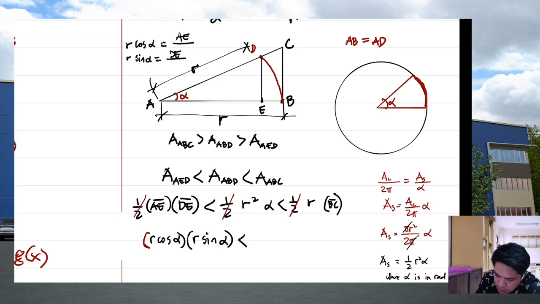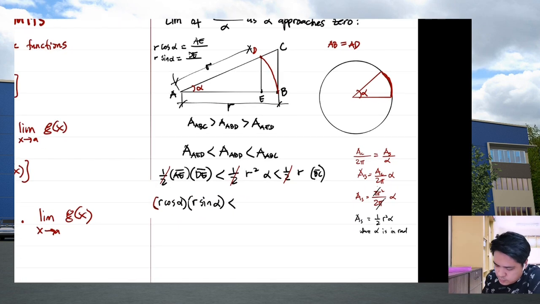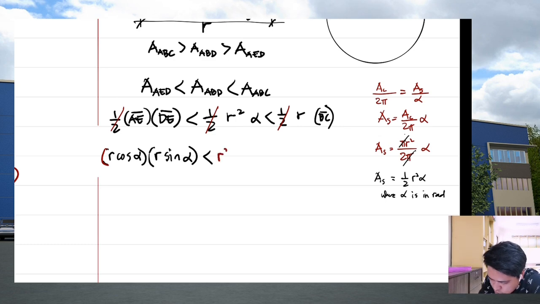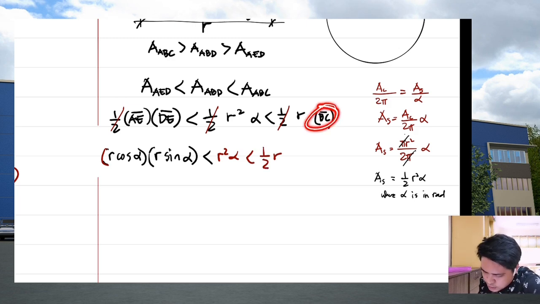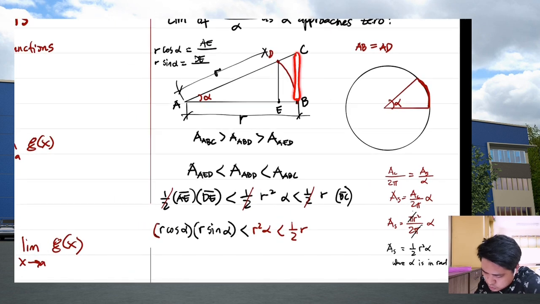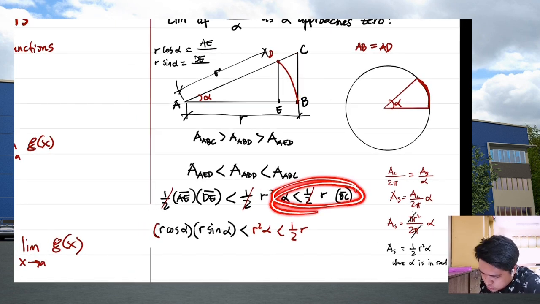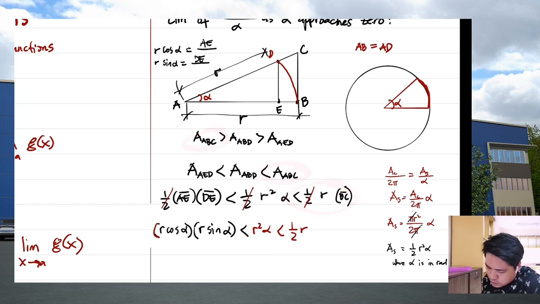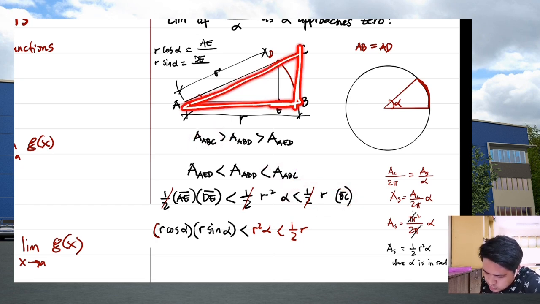Okay. And let me move this here. Ayan. So, this is equal to R squared alpha. That is less than 1/2 R times, how about BC? Eto, BC, this is for the larger triangle, this one.